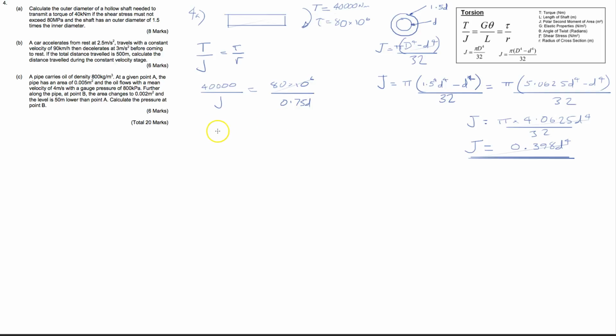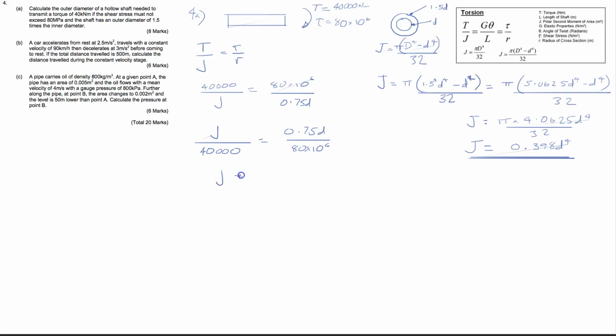To make this easier, I'm just going to take reciprocals. I'm going to flip both sides. So J over 40,000 equals 0.75 d all over 80 times 10 to the 6.